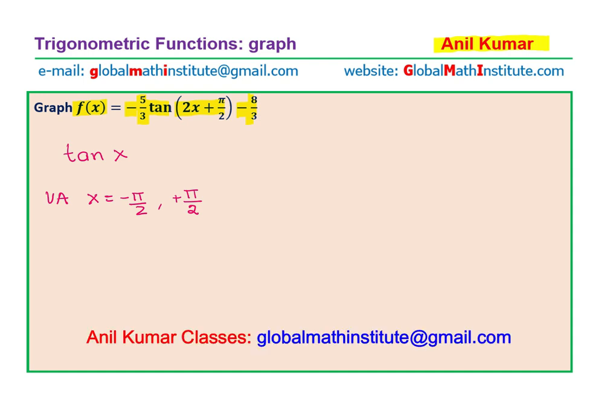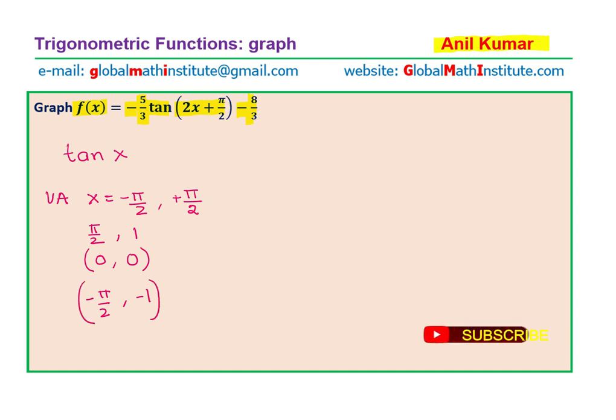Those two are the vertical asymptotes. The other three are coordinate points: it goes through the origin, so 0, 0, and at pi by 2 the value is 1, and at minus pi by 2 the value is minus 1. Correct. So these are the key points which you see in a tan function.